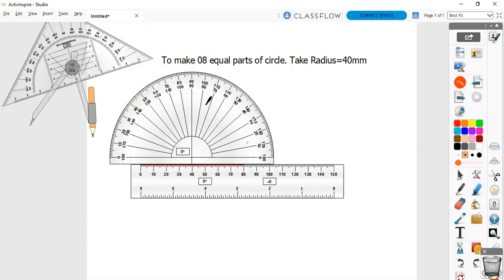Now I have marked one point at 90 degrees.